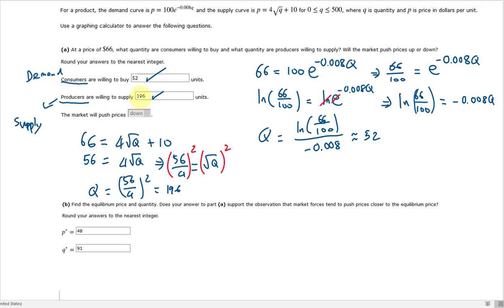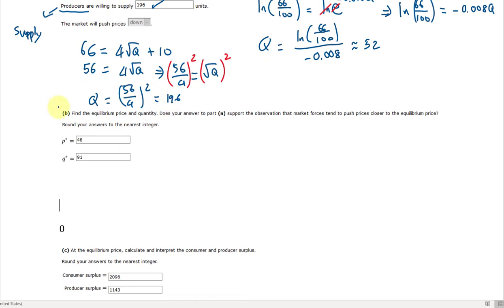That's why the market will push the prices down, because otherwise we have a lot of items that are not bought by the customers. The price will have to go down. We have more extra items than the consumers need. It's too expensive, so it has to go down.